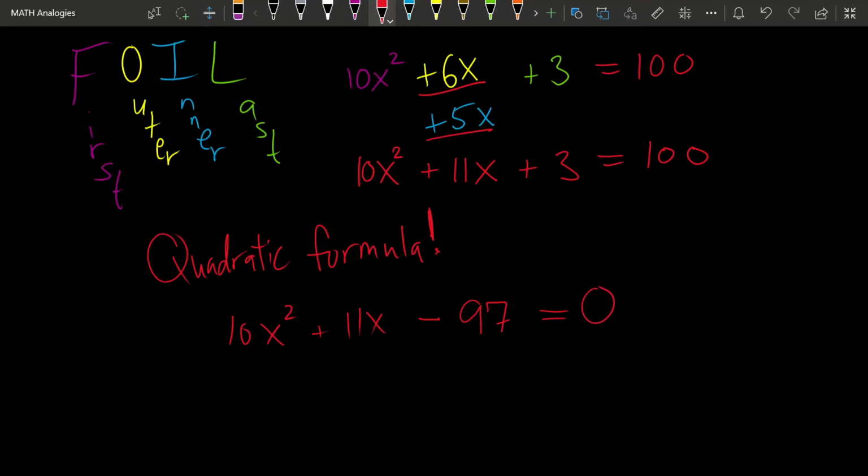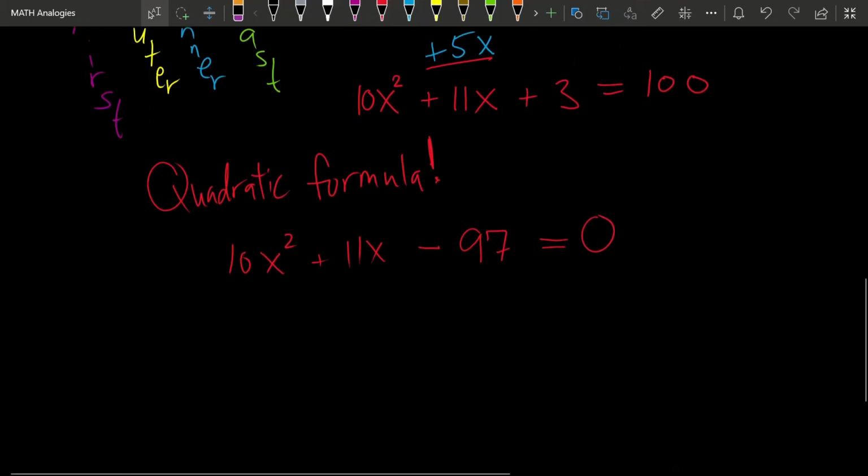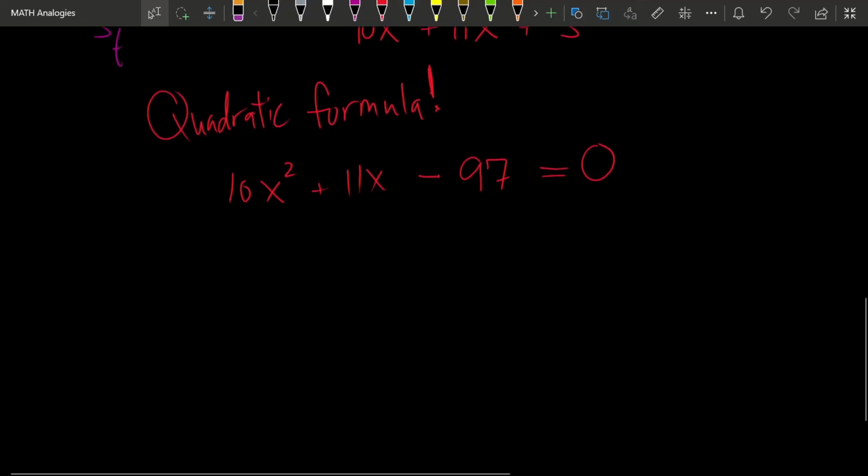Alright, if we color code these, we can state the quadratic formula and use it to our advantage. So let's do red, blue, and yellow. Let's get this blue.